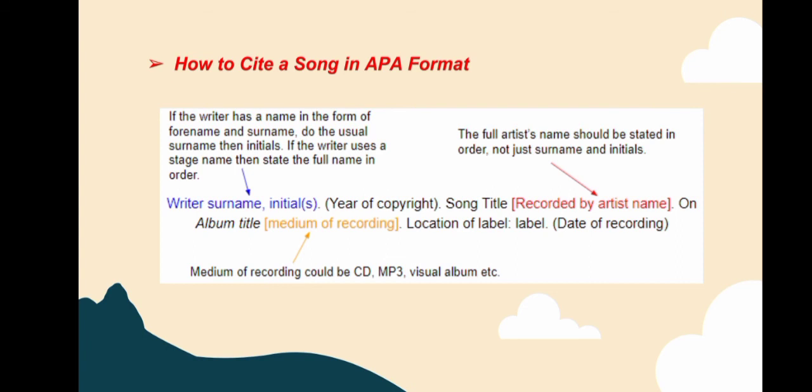So Hold Up, 2016, and of course the recorded by is Beyonce, the principal one, and the album will be Lemonade, and the city is New York, and the label is Parkwood Records. Okay, and of course the date of recording, August 16.